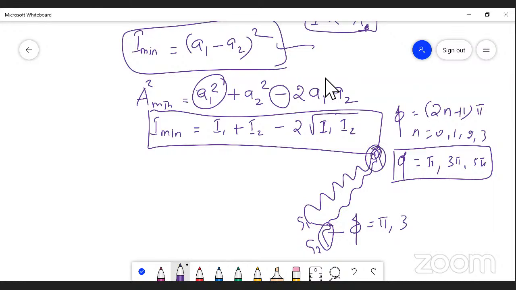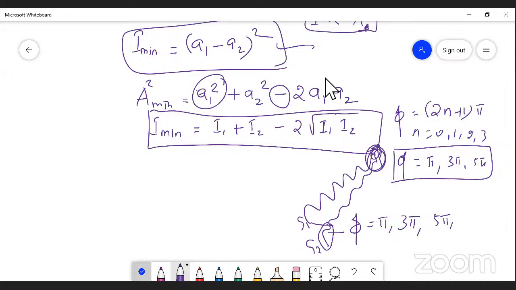If it is equal to 3 pi, the point is also destructive interference, because one crest and one trough will meet. That's why it is destructive interference. If it is equal to 5 pi, the point must be constructive interference. These are the conditions of constructive and destructive interference. It's a very, very important case of interference.